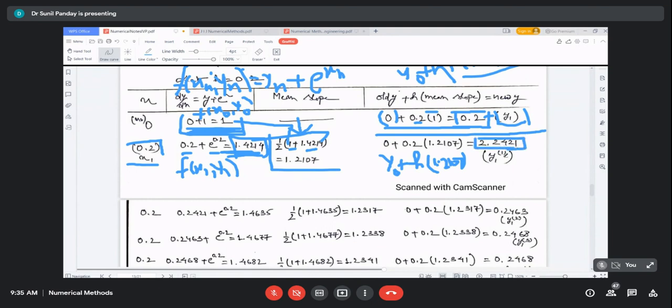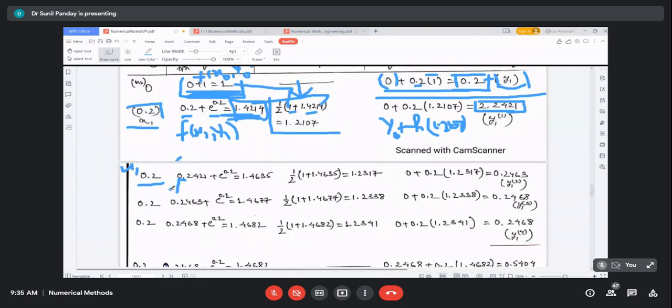Now we again update this value of y1. You can see that x1 still remains x1. Now we are calculating f of x1 y1 superscript 1. What is y1 superscript 1?